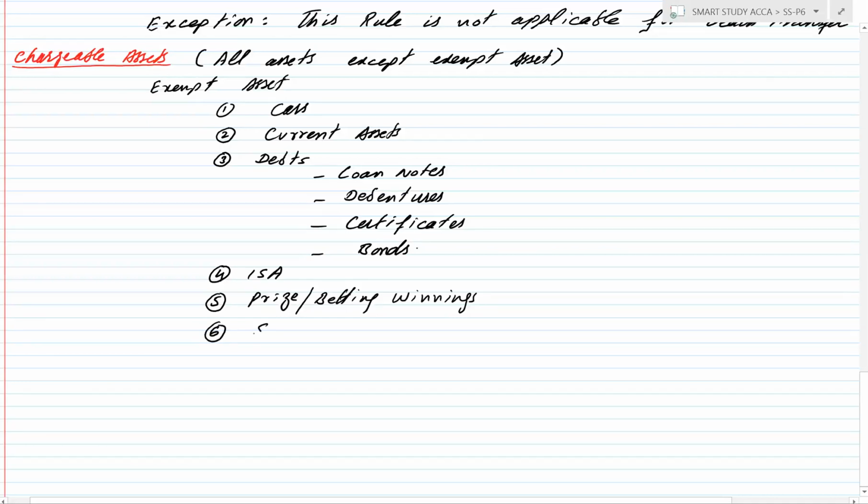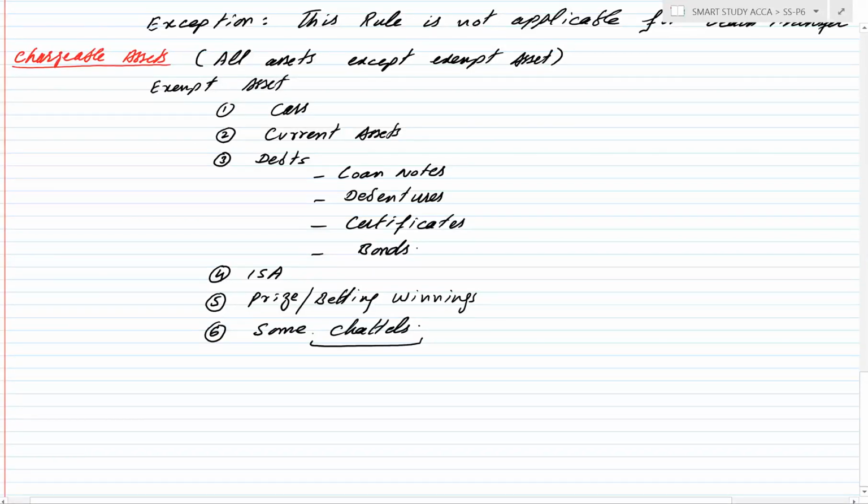And the next one is some chattels. So what are chattels? Chattels is basically tangible movable assets. Tangible movable assets are called chattels.